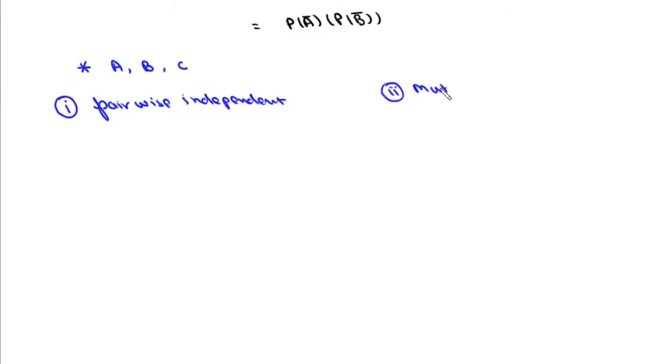Now if we talk about independence of three events, say A, B and C, we have two types of independence. First is pairwise independent, and second one is mutually independent.